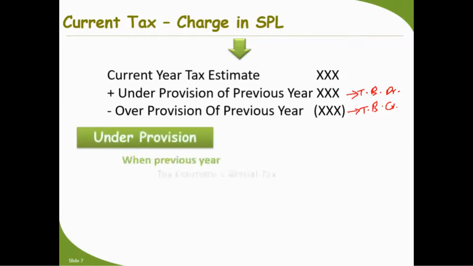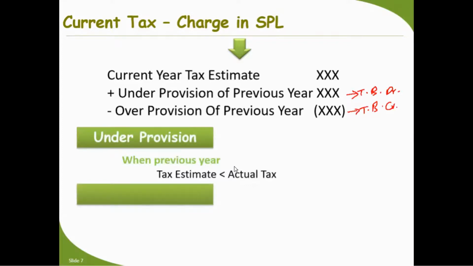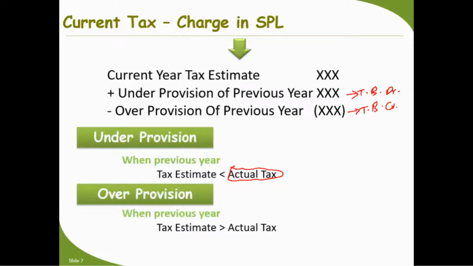Under provision is when your tax estimate, as I discussed earlier, is less than your actual tax. Actual tax is calculated by whom? The tax authorities, calculated by taxable profit multiplied by tax rate. Then over provision is when your tax estimate is greater than your actual tax.